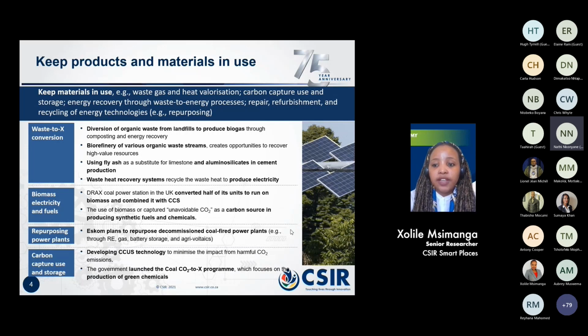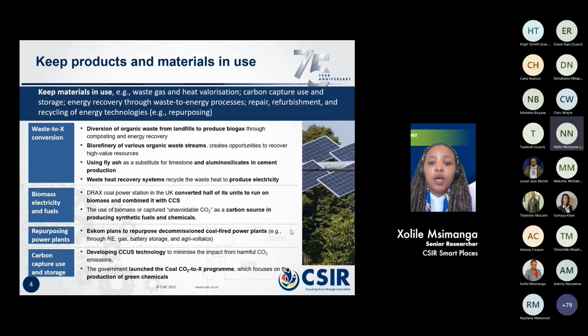The biorefining of various organic waste streams creates opportunities to recover high value resources. The pulp and paper and sugar industries are already making use of this. Another example is using fly ash as a substitute for limestone and aluminosilicate in cement production, which is something that is being explored in the country currently, and something that is being done in other parts of the world.